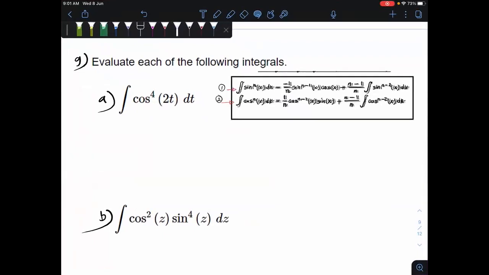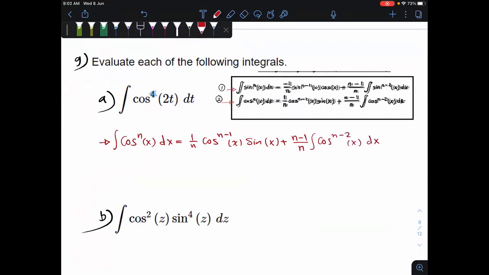Okay. How to evaluate the integral of cosine to the power of 4 of 2t? We should apply this rule. The integral of cosine to the power of n of x dx is equal to 1 over n cosine to the power n minus 1 of x times sine of x plus n minus 1 over n, the integral of cosine to the power n minus 2 of x dx.